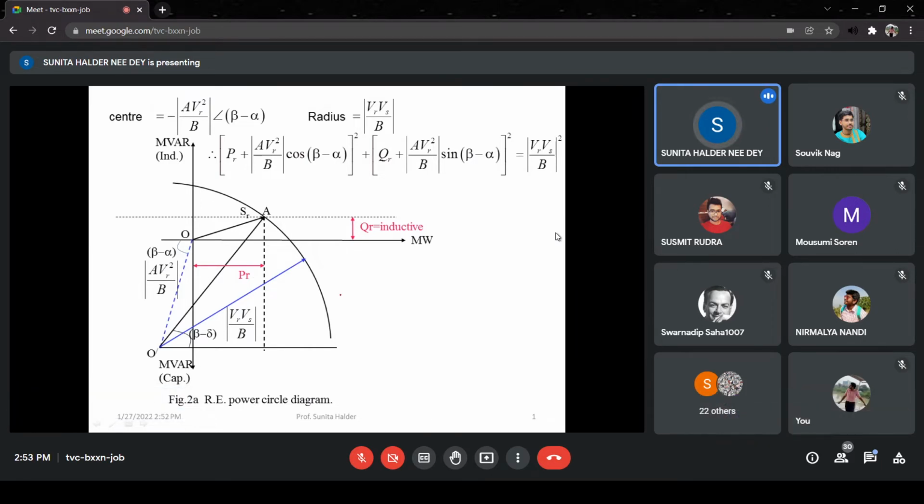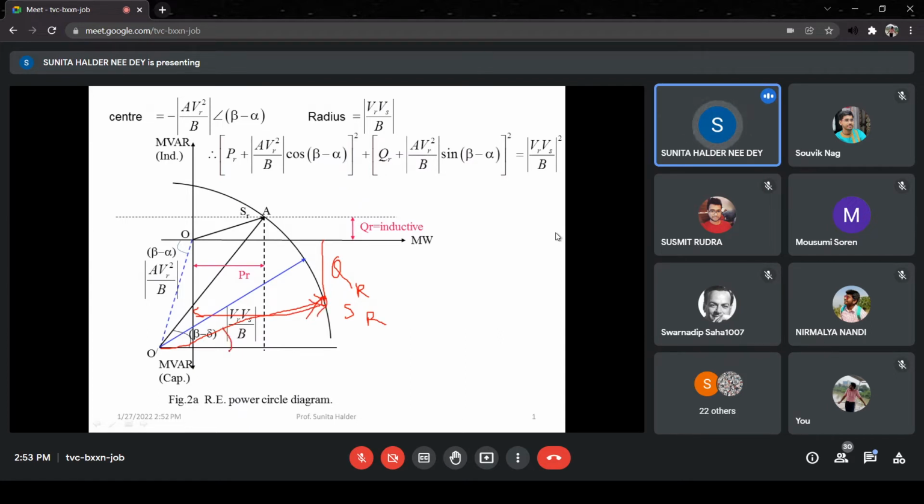Now you see here for any other value of SR. So this is, say, SR, another power. Then in that case, this will be the radius. The radius will be the same because it is on this power circle diagram. In that case, this will be the Q. Now you see QR is capacitive because it is on the negative side, and this part will be the P, right?